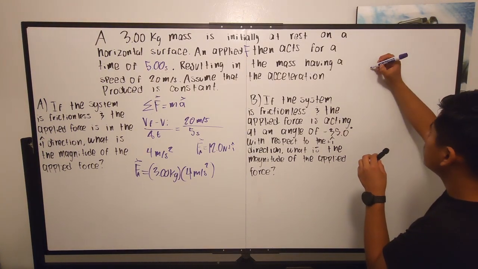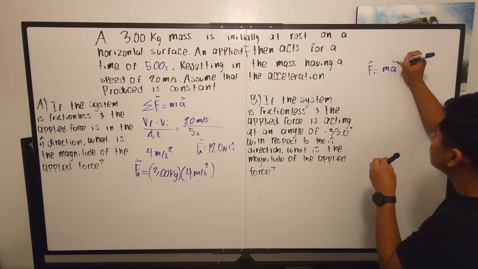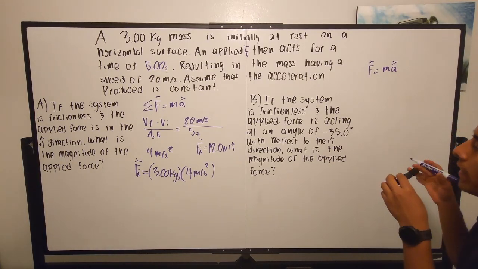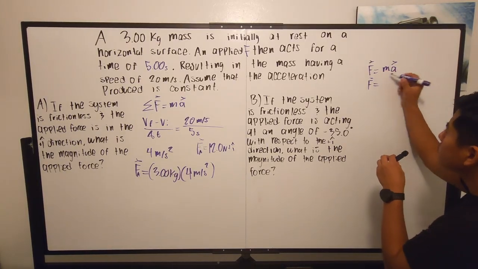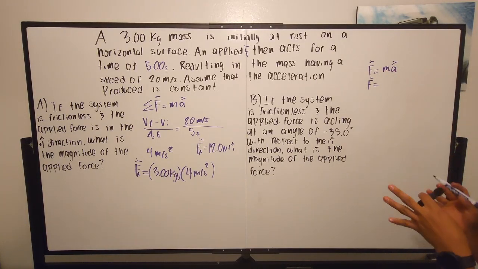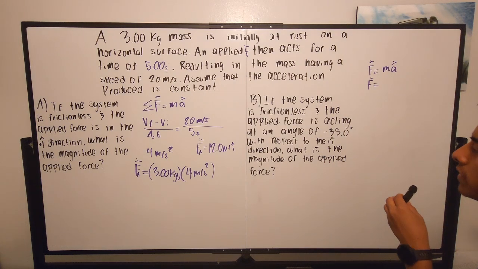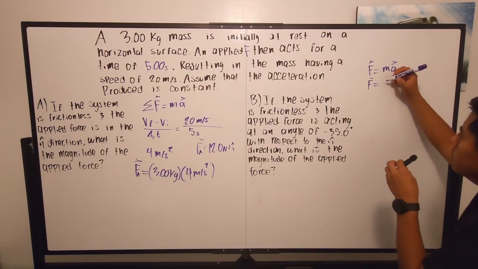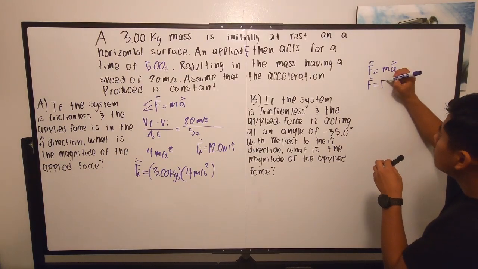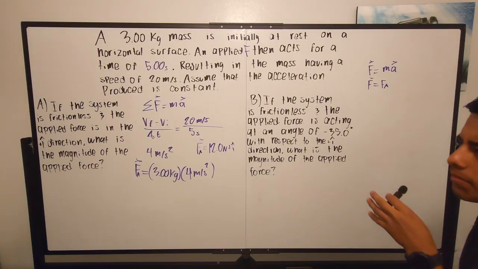First I'm going to write Newton's second law. So the force equals the mass times the acceleration. And since in this part, the only force here is going to be this applied force, the force is also going to be equal to this applied force, but only the horizontal component of it.